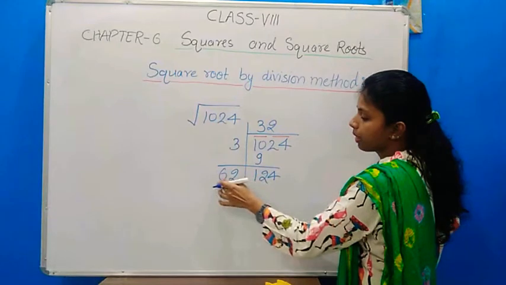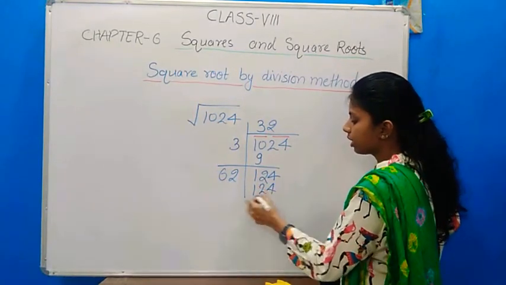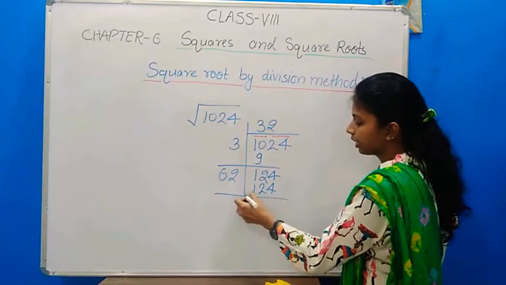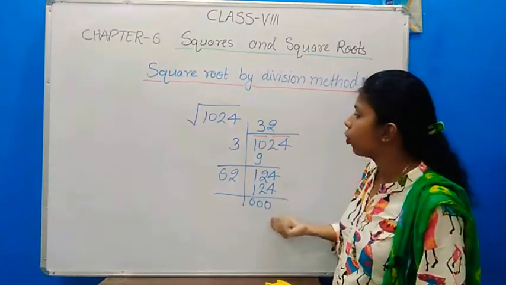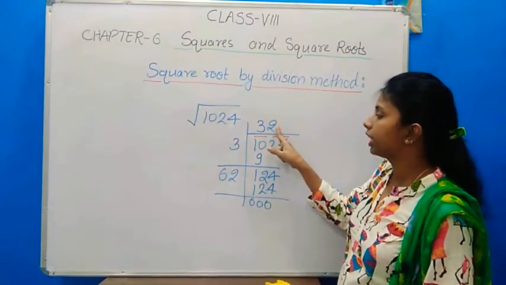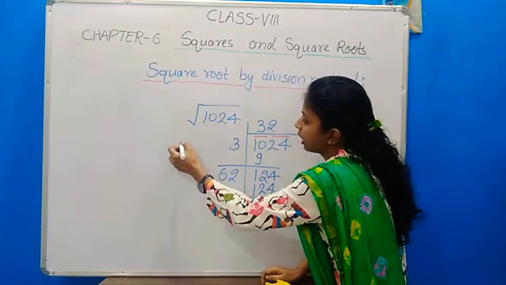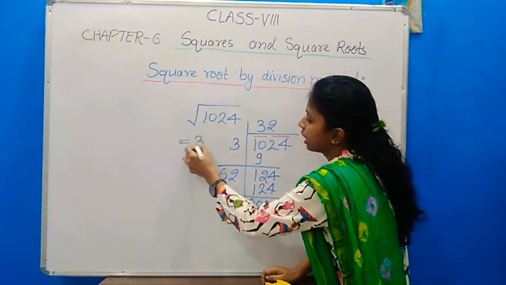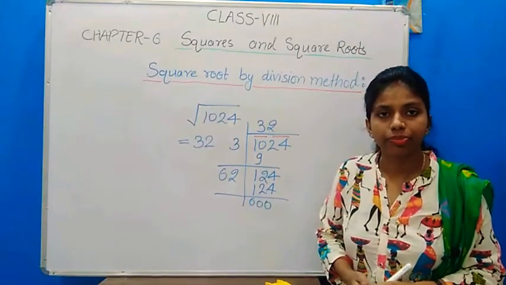Now if we multiply 62 with 2, what do we get? We get 124. Let's subtract it. After subtracting, we get the remainder as 0. So our answer will be 32. So the square root of 1024 is equal to what? It is 32. Okay, clear?